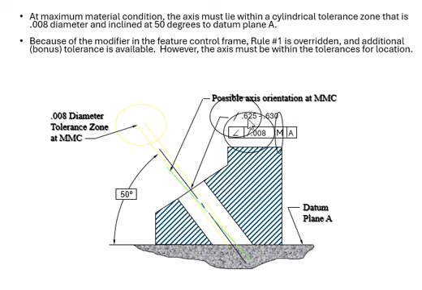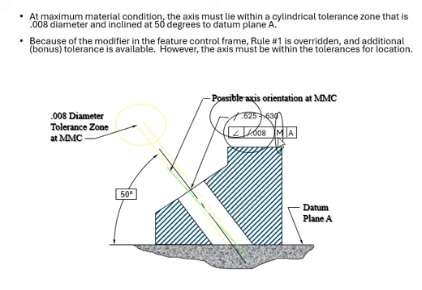So now we're going to put in the bonus tolerance, which is backing up this tolerance, which goes from 0.625 all the way to 0.630. So that axis has to be within the tolerances: the first tolerance, and the second tolerance for that location. Why do you need the second tolerance?